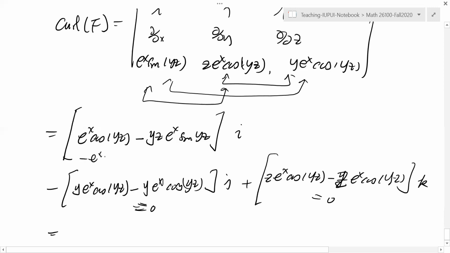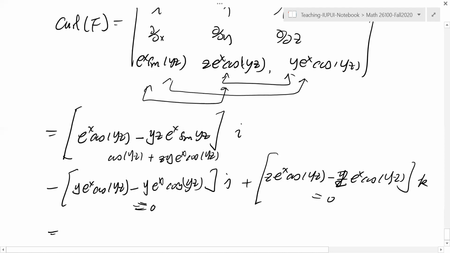So e to the x cosine yz, and minus, that's plus, differentiate with respect to z. So zy e to the x cosine yz. So they're all equal to 0.